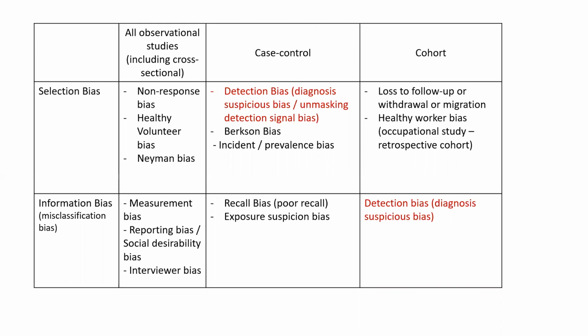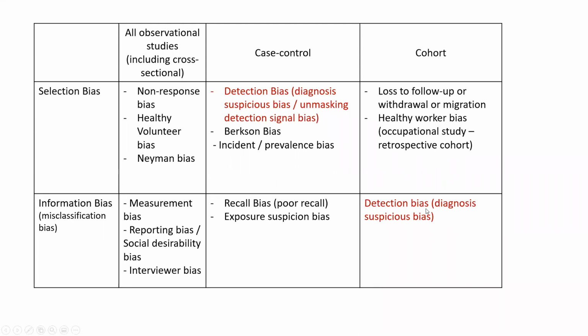So the subject knows that she has a disease, and she starts being more prone to remember all the potential exposures that she had. This is what we also call exposure suspicion bias. But it's like recall bias, exactly the same concept. It's just another labeling.